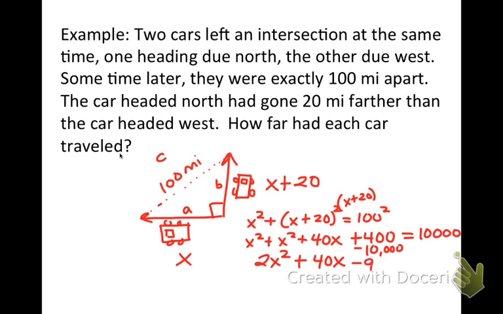Negative 9,600 equals 0. So we make our numbers smaller. Divide everything by 2. X squared plus 20x, minus 4,800 equals 0. Okay, complete the square or quadratic formula.